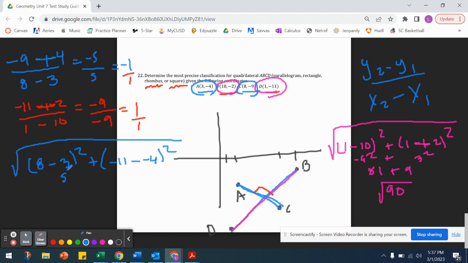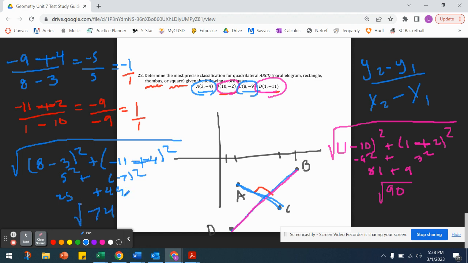This is going to be 5 squared plus double negative becomes a positive. That is a negative 7. Negative 7 squared, which is 49, plus 25. And 25 plus 49 is 74.